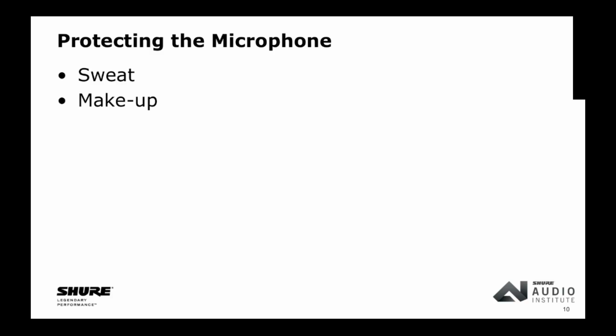Right. The thing with sweat, as we said before, is that it's unique to each individual's chemical makeup. Sweat contains obviously lots of salt, but it also contains oil and a little bit of acidity and all sorts of things that electronics really are not fond of. In the best case scenario, somebody's sweat will be mostly just salty, in which case sweat gets into the microphone and over time deposits salt on the diaphragm.